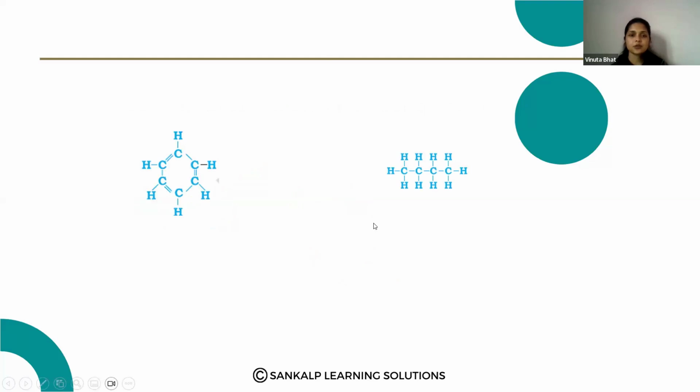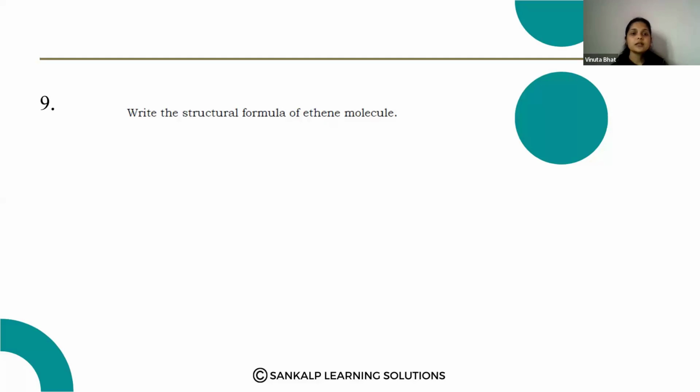Yes, this is the structure of benzene and butane. Next question. Write the structural formula of ethene molecule. Ethane, ethene, ethyne, right? Ethene means having a double bond. Ethane means having a single bond. Ethyne means triple bond.